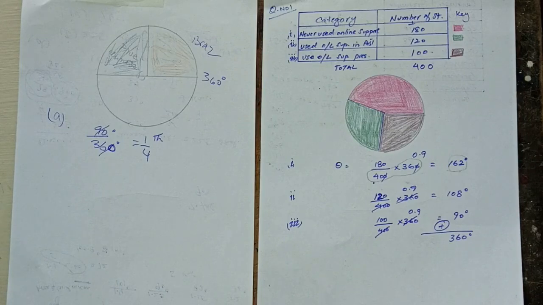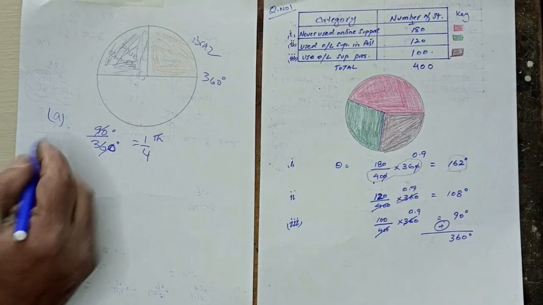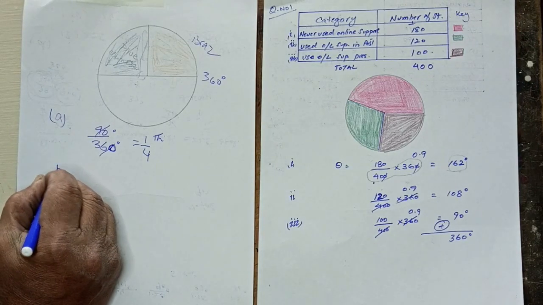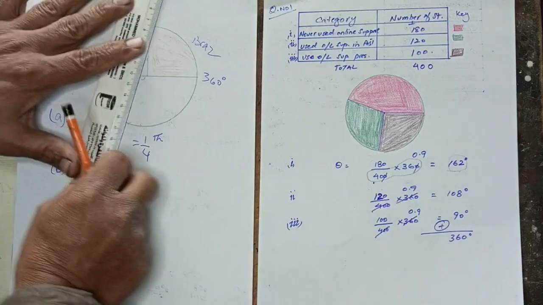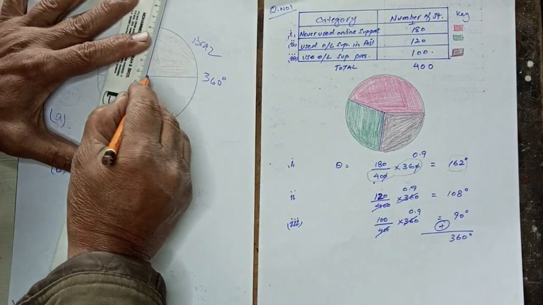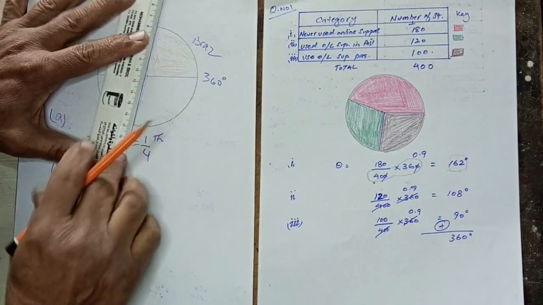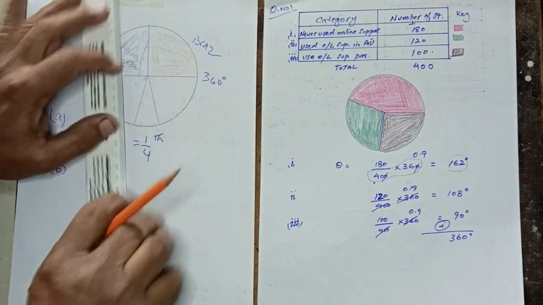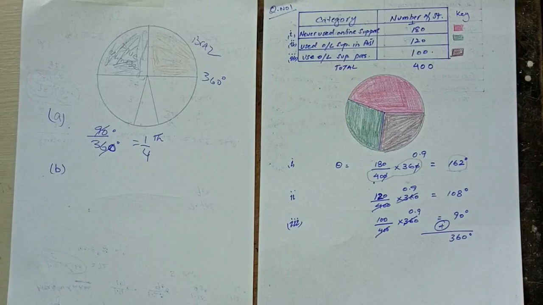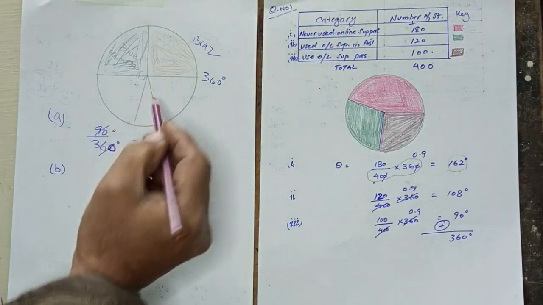Now, for the second question, B part, what percentage of students are Indian? Now, for example, the Indian students are here somewhere, like this and like this.